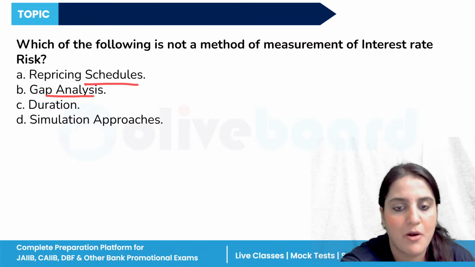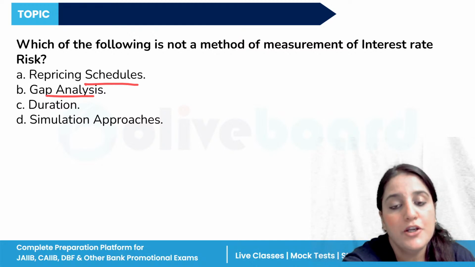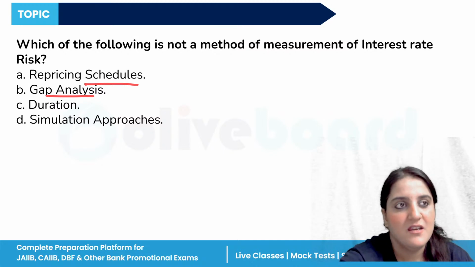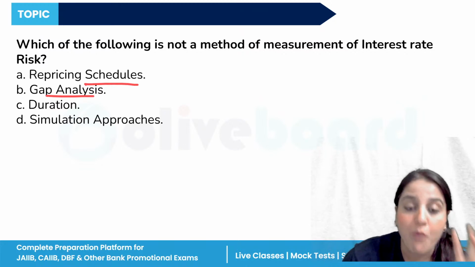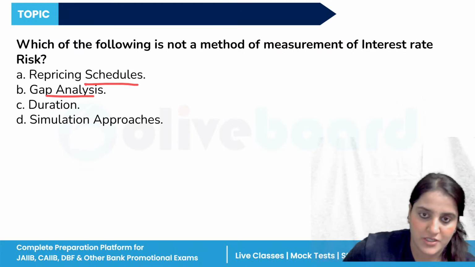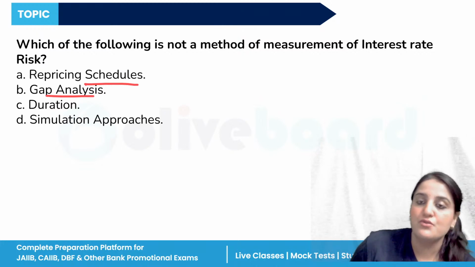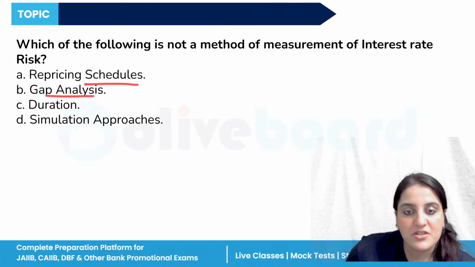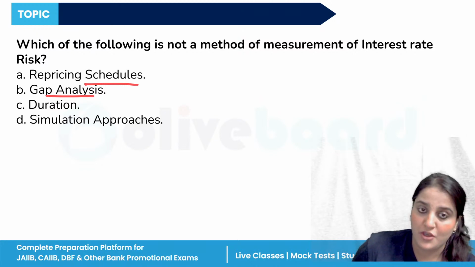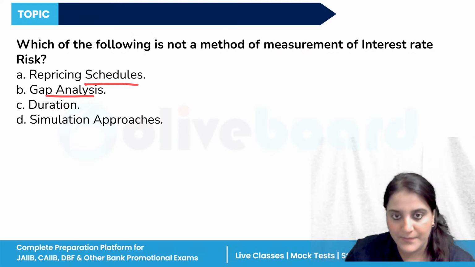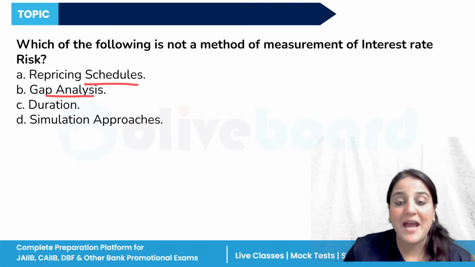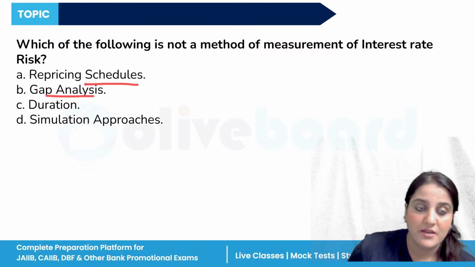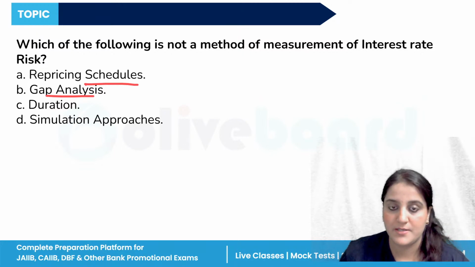And if we talk about duration, it basically measures the sensitivity of a bond price to interest rate changes. It is a key method used to evaluate the interest rate risk of fixed income securities, and it also helps in estimating how much the price of a security will change with interest rate movements.